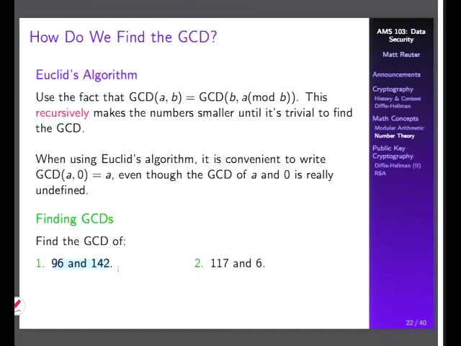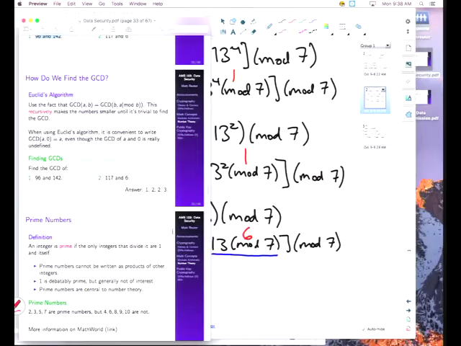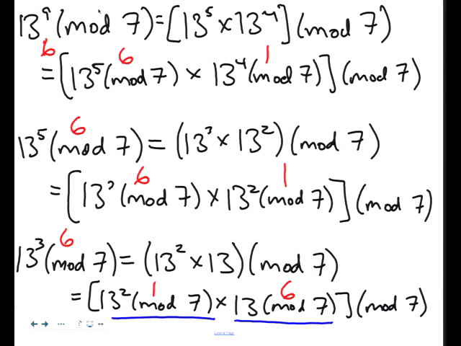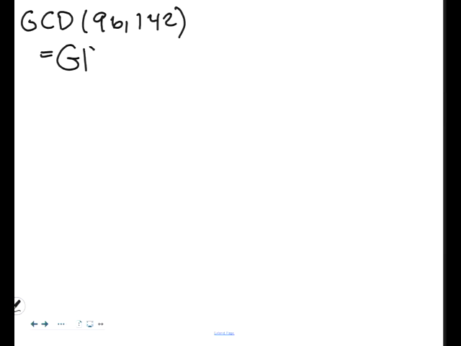So we can start to look at that. We'll pop back over here. We want to know the greatest common divisor of 96 and 142. I know the formula is not up on the board. I apologize that I can't have this and the slides on in a way that makes them readable. But using Euclid's algorithm, this is equal to GCD, and the way it works is you flip the order.